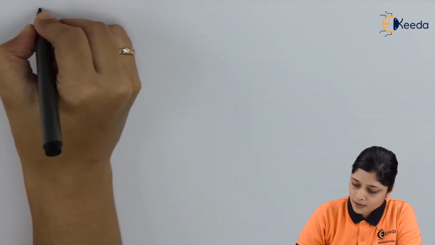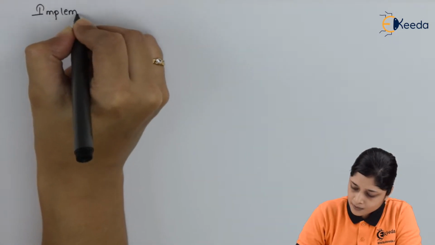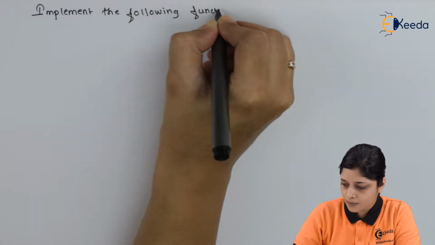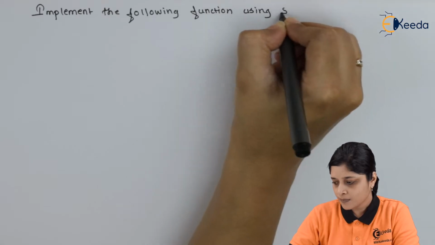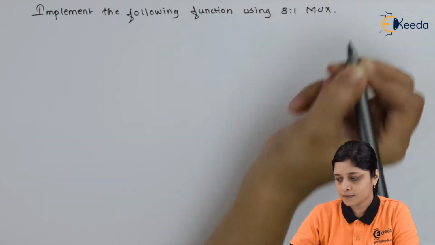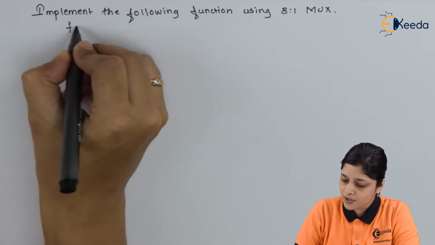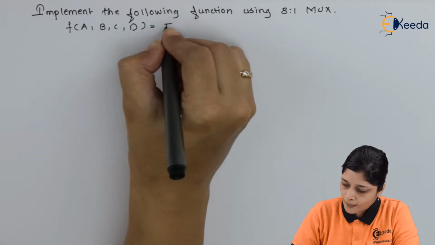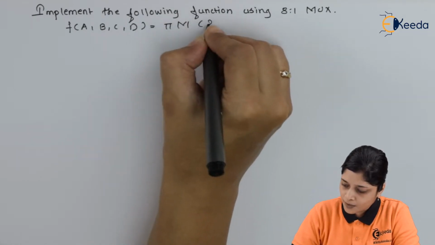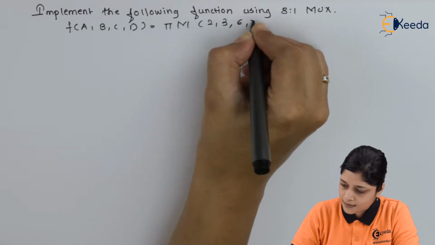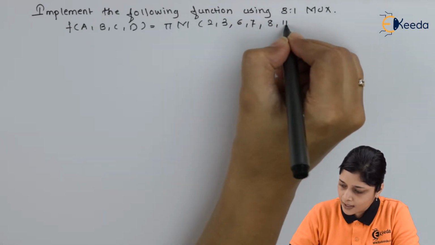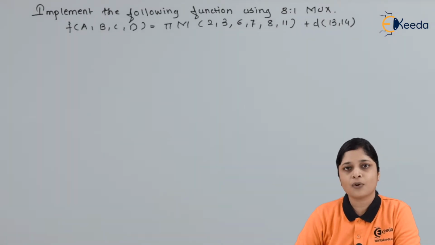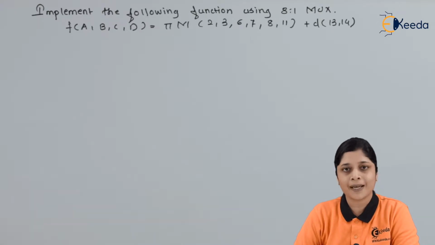So your question is, implement the following function using 8:1 mux, and your given expression is f of a b c d equals to product of max terms 2 3 6 7 8 11 plus don't care terms are there 13 and 14. Now how to solve the problem containing the don't care terms and max terms?